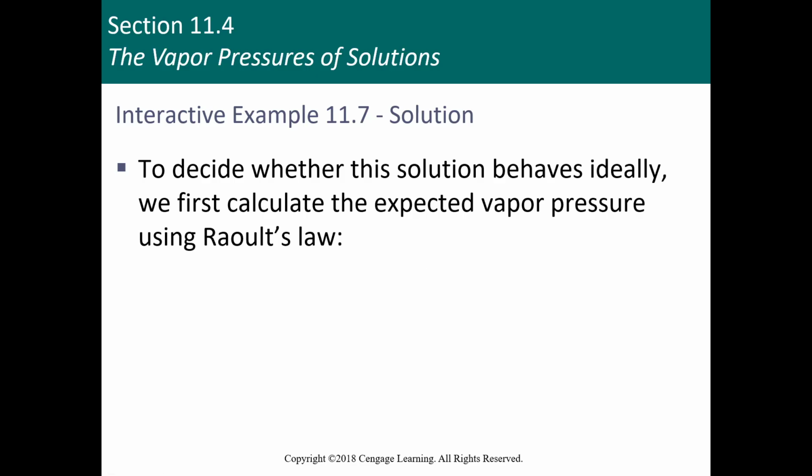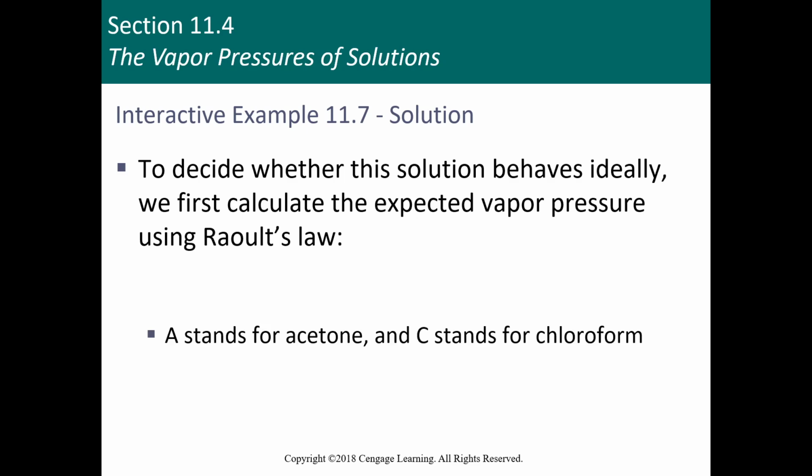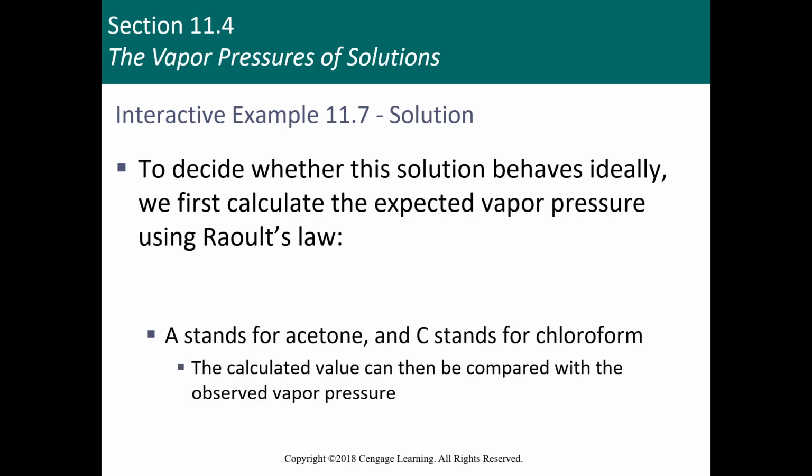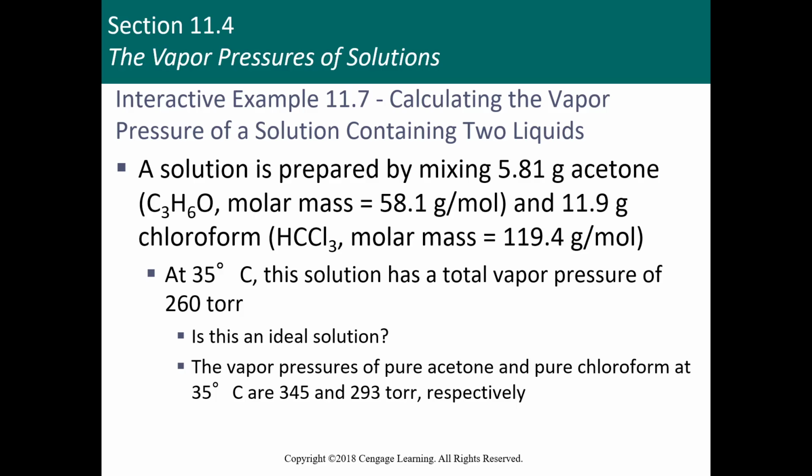Let's just go through. Okay, so the first thing you have to think about is, is this an ideal solution? And so you have an acetone and chloroform. You can label these A and C if you would like to help you when you do your calculations. So the calculated value can then be compared with our observed vapor pressure. So the first thing we would do is we have an observed, which we are given right here, right?